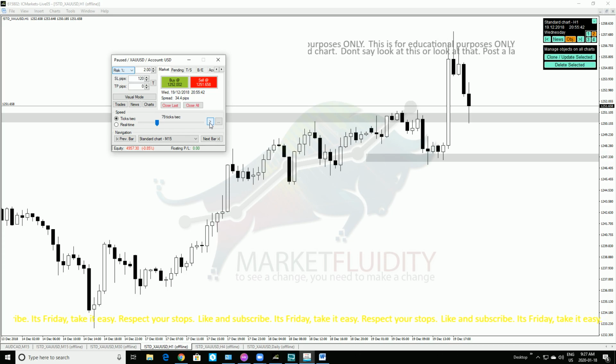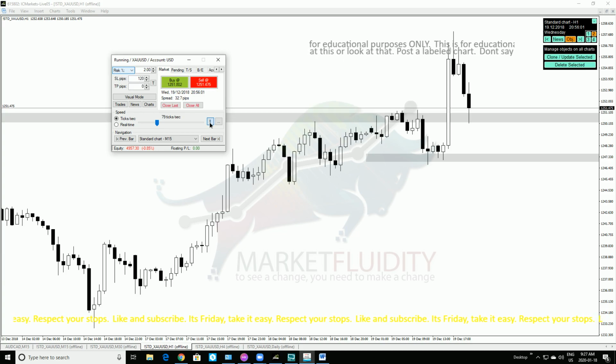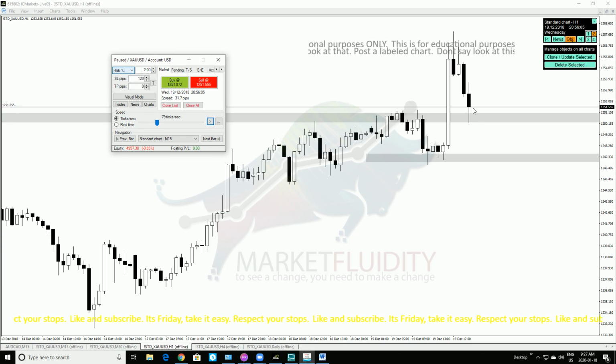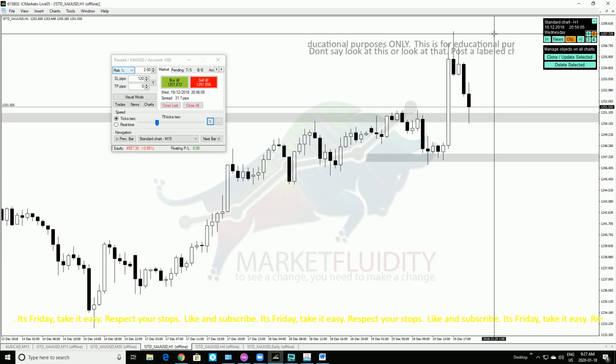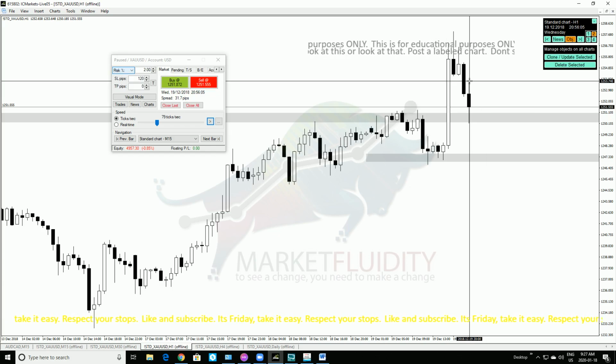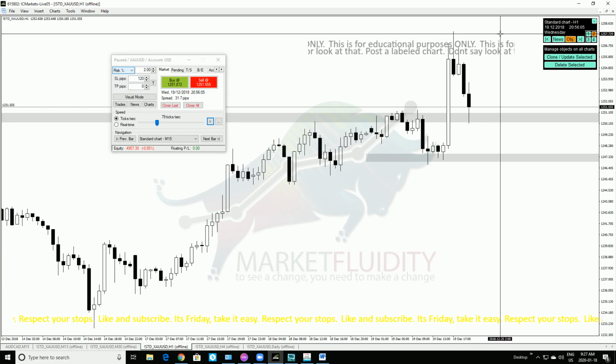If there's a rejection and the next candle breaks the high of the previous 1 hour candle, then there's going to be a continued move up. Because once the high is broken, there's a high chance price is going to make higher highs and higher lows.